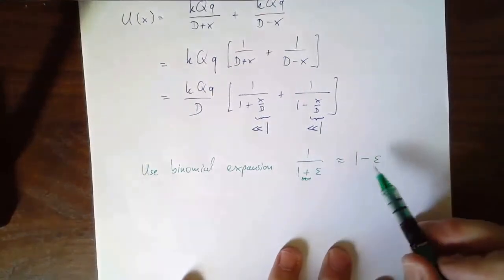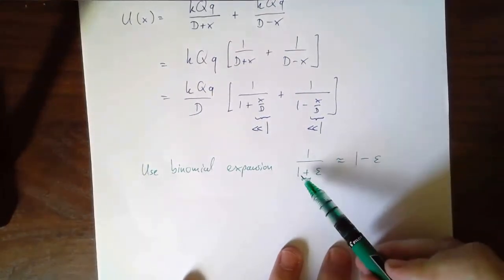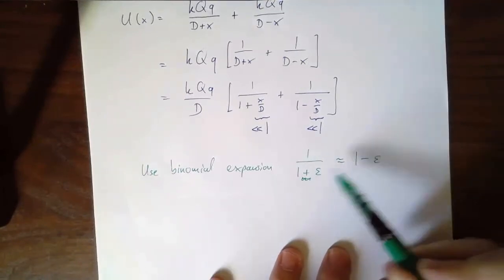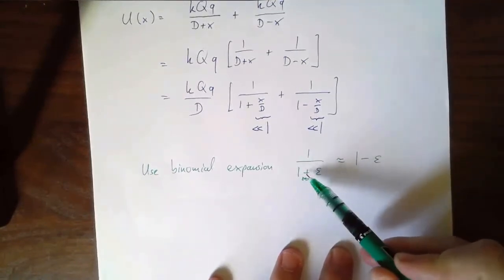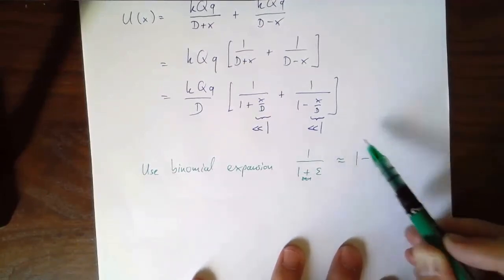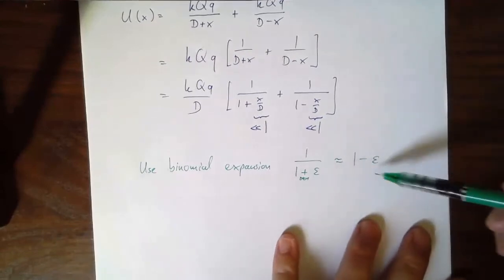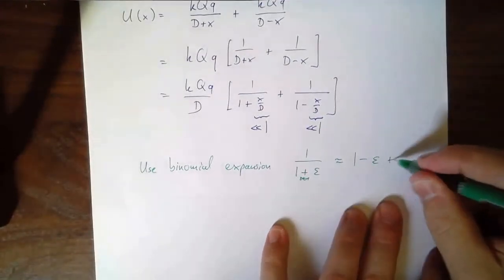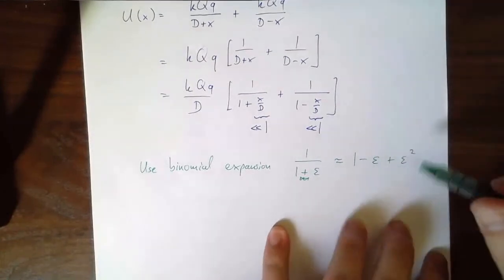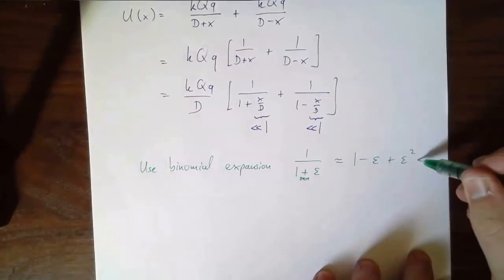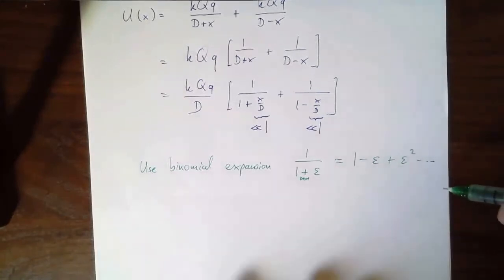And that in fact is already a good approximation. Again, check it. 1 over 1.1, is it 0.9? Close to it. 1 over 1 plus 0.001 is going to be very close to 1 minus 0.001. Try it. Turns out though we can be more accurate if I include the next term, plus epsilon squared. This is not the end, this is not exact. I would have to keep going and add more terms.